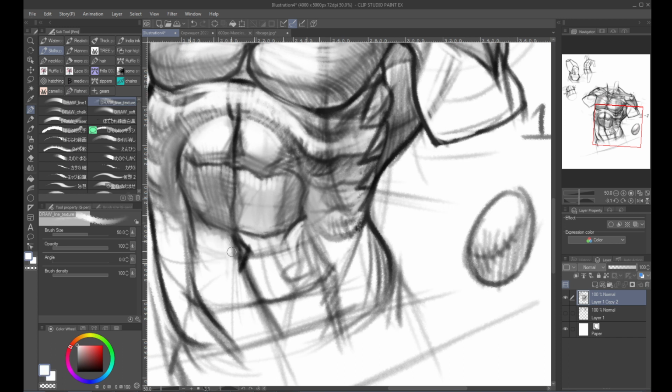Now the upper part of the abs around the belly button is usually lighted, and depending on the amount of body fat in the person, we will see another division.